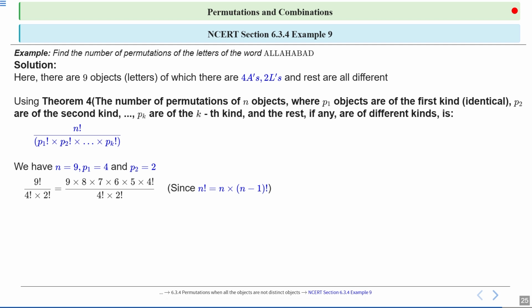Since we know n factorial is equal to n times n minus 1 factorial, this is equal to 9 into 8 into 7 into 6 into 5 upon 2 into 1. And after simplifying, we get 7560. Okay. So finally, we get the answer 7560. So these are the total permutations that we can make from the letters of Allahabad.